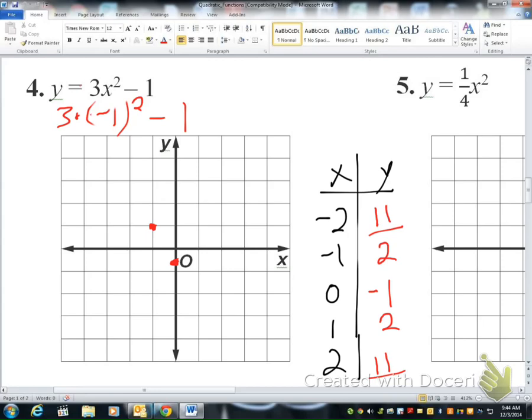And then the mirror image of that, +1 up 2. And then I have -2 up 11, so that's, like I said, about half a step above the top. And then +2, 11. And then all I have to do is roughly connect. And there we go. All right.